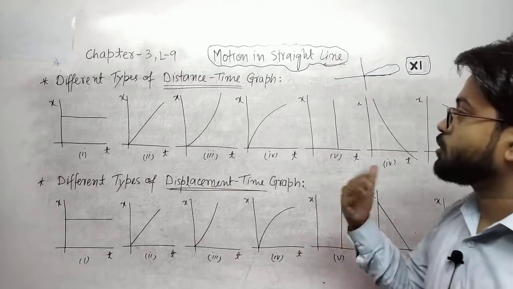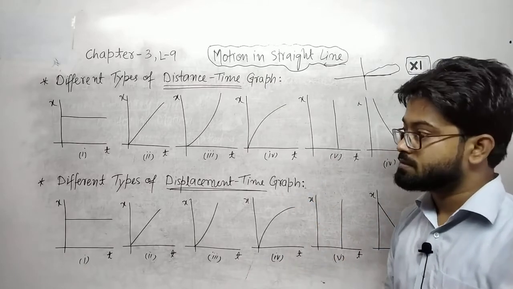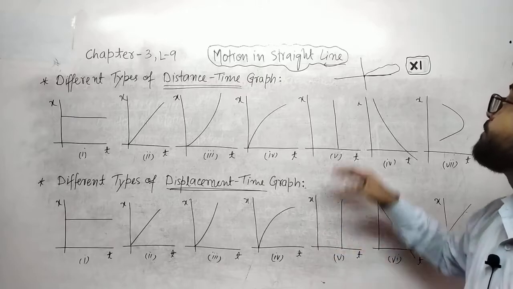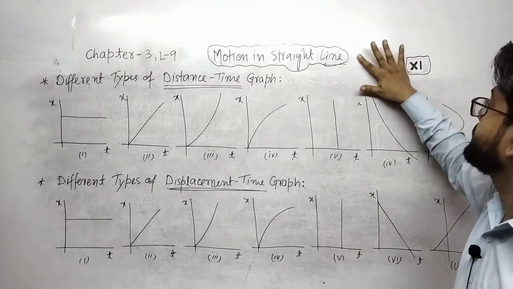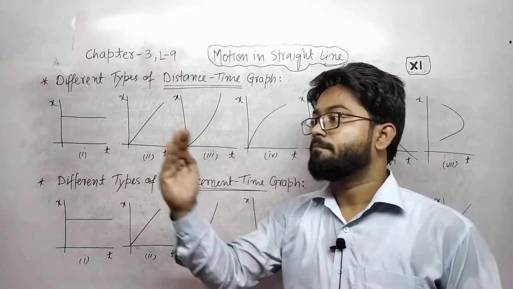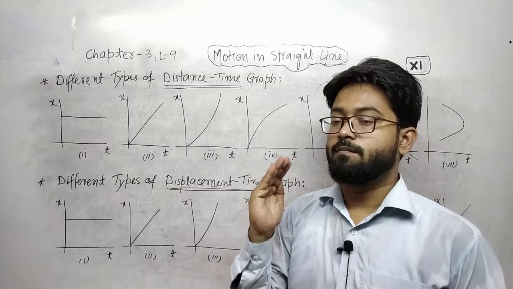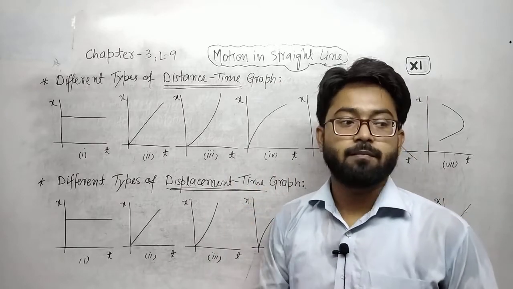The shortest distance between final position and initial position will be the same, meaning zero. So displacement may be negative, may be zero, may be positive, but distance will be only zero or positive. Distance will never be negative.